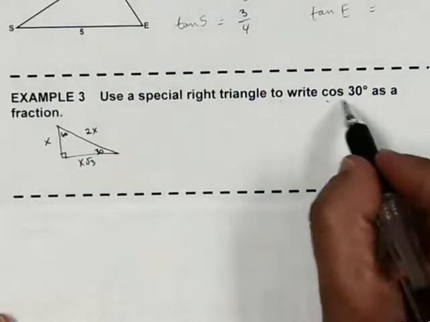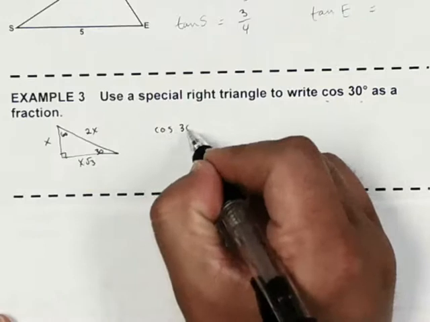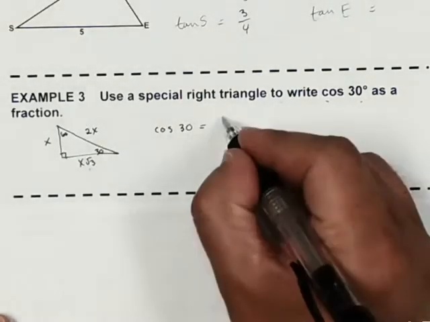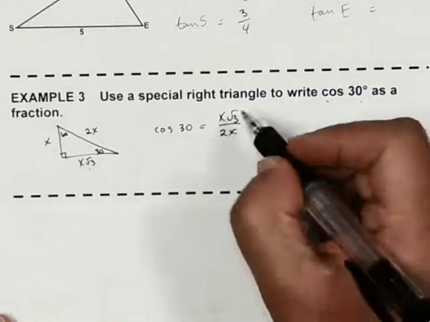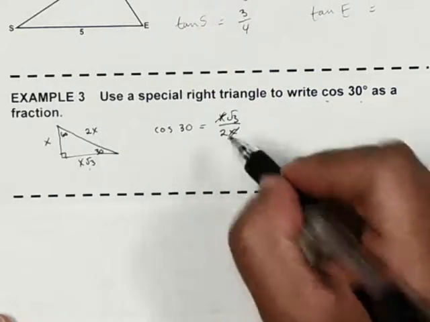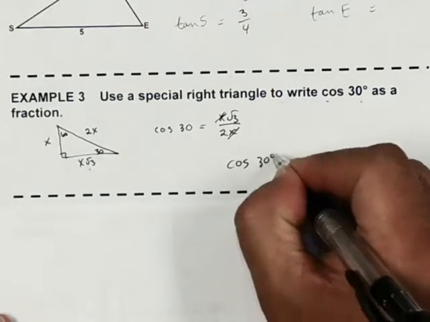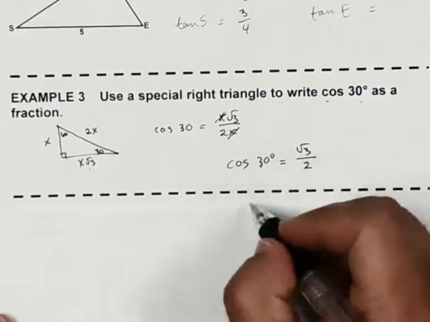If I want the cosine of 30, that's going to be adjacent over hypotenuse, so x square root of 3 over 2x. My x's are going to factor out, and so the cosine of 30 degrees is actually going to be the square root of 3 over 2.